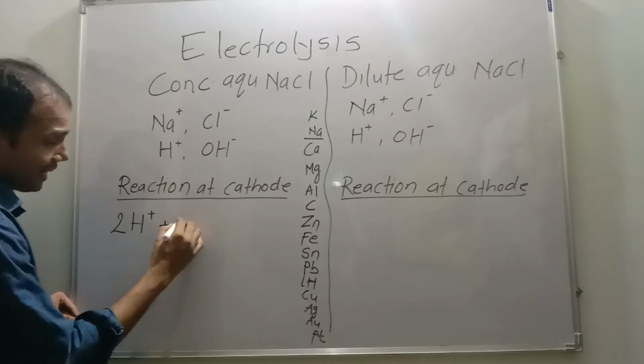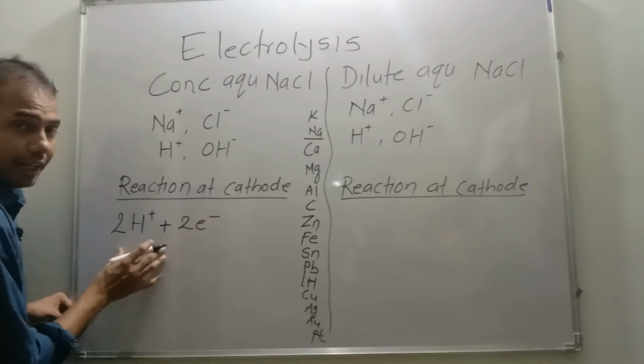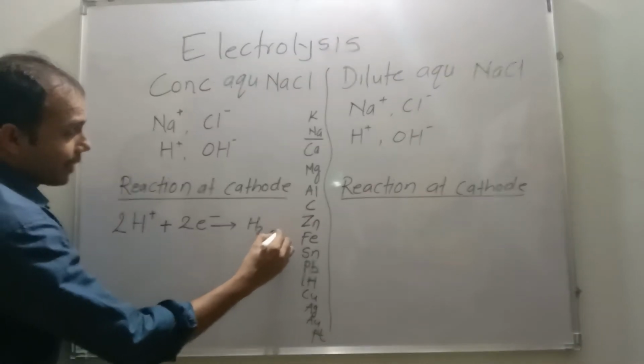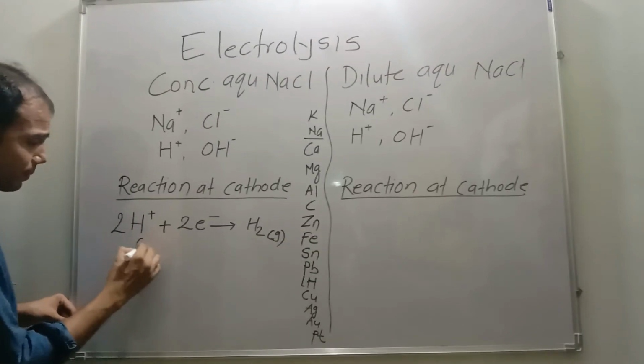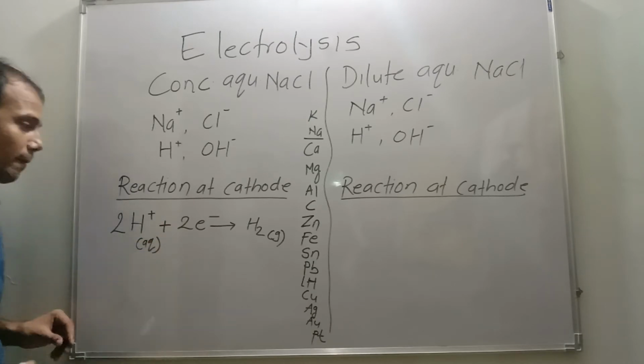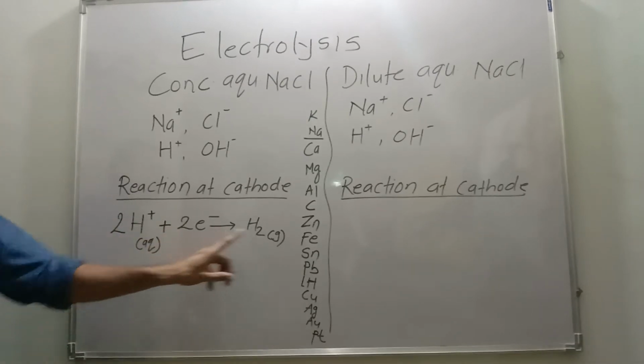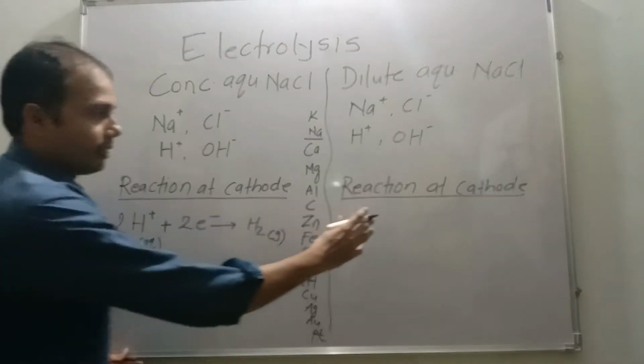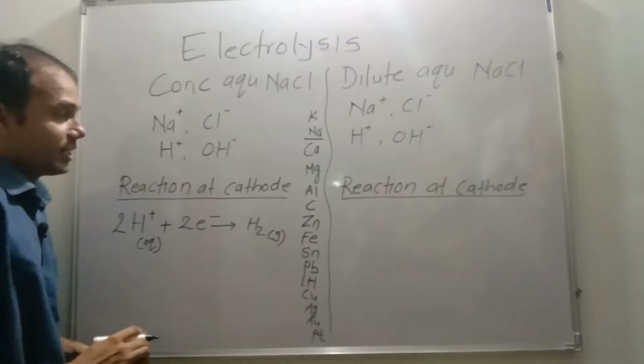And it is going to take 2 electrons. Reduction is a gain of electrons, and there is a formation of hydrogen gas. 2H+ aqueous accepts 2 electrons and there is a formation of hydrogen gas. The same is going to happen in the case of dilute aqueous NaCl.